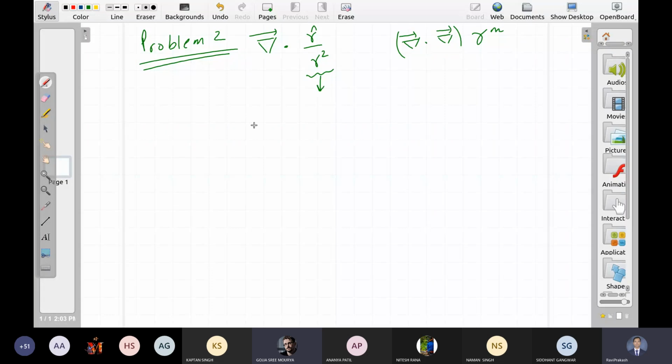So this is a function in spherical coordinate, right?